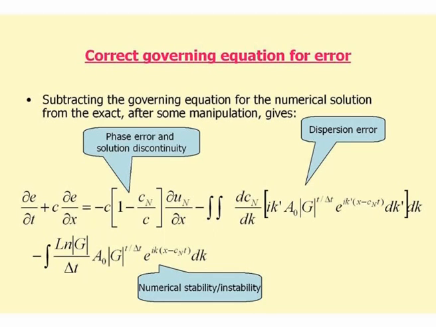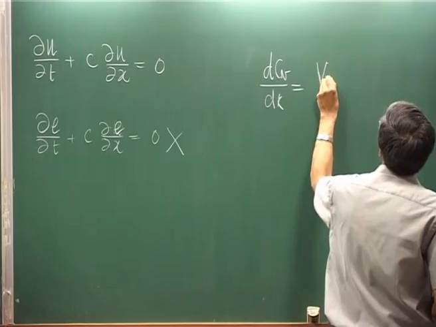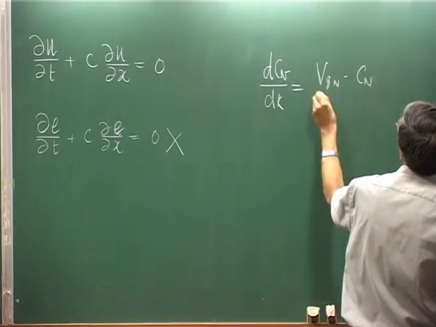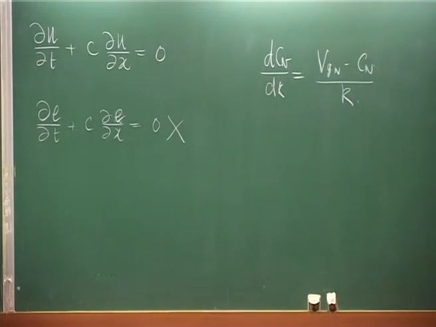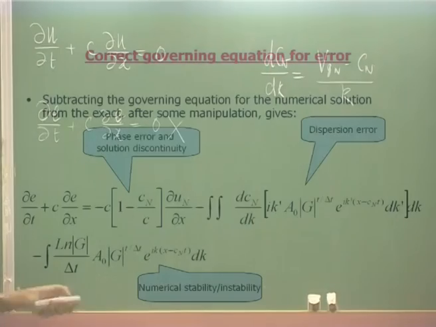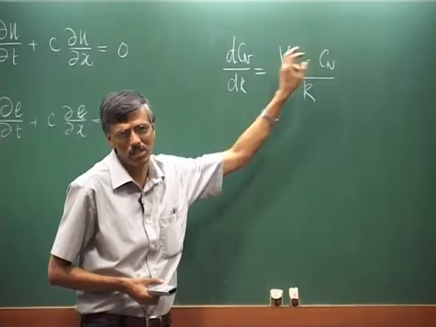The second part is pretty much obvious. We call it dispersion error because of this term dc and dk. I have not done it, I will leave it to you to work out. Show this to be proportional to Vgn minus Cn. So, you should be able to show that this term is given by the departure of the numerical group velocity from the numerical phase speed.